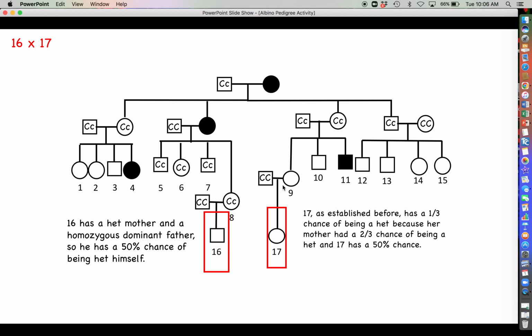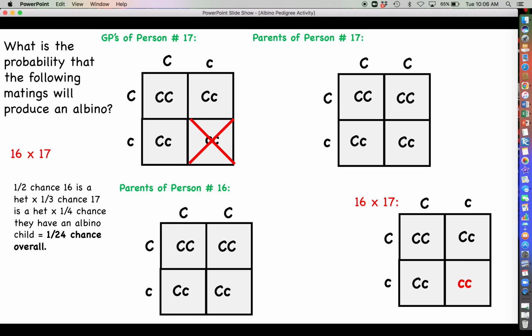17, we can see that she has a homozygous dominant father, so the only way that she could pass on the recessive allele herself is if her mother is heterozygous. So again, we have to calculate the probability that her mother is heterozygous. So you'll recall that that was a 2 in 3 possibility, so that's just another thing that we have to tack on there.